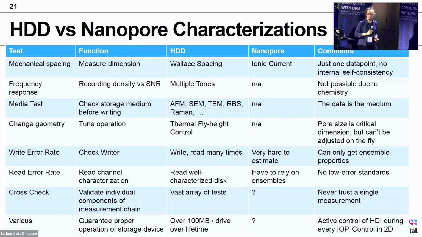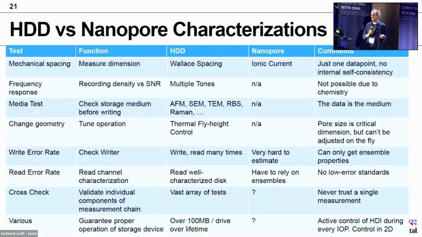I have a table here. Want to make a little bit of a comparison. For some of these points, certainly it's a bit difficult to make a comparison, but I want to give you an idea what we deal with in magnetic recording systems. I mentioned the spacing, the measurement of the dimension. In the hard drive, we do it with what's called the flawless spacing from the Bell System Technical Journal article.